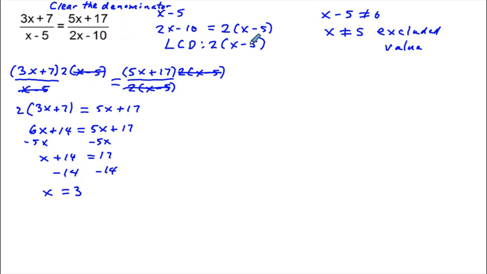And the last thing we do is check to see if this x equals 3 is an excluded value. No, not an excluded value. So we call this x equals 3 a solution, or sometimes you'll hear it called a real solution. Okay, so that is our solution to this problem here.